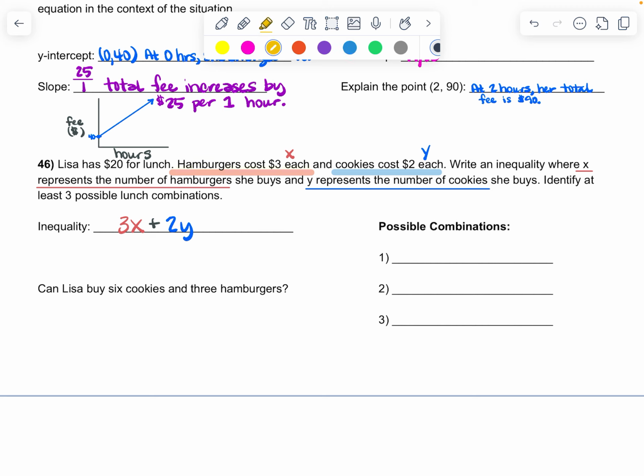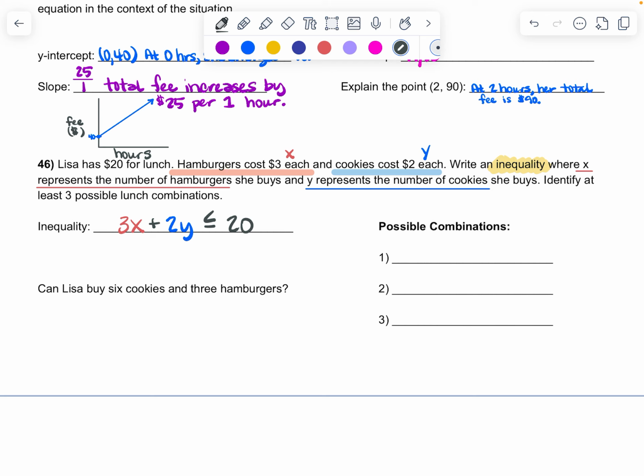She only has $20. Please notice right here, it says write an inequality that represents how many hamburgers and cookies she could buy with her $20, right? So obviously if this is the amount of money she's spending, 3X plus 2Y, it must be less than or equal to $20.